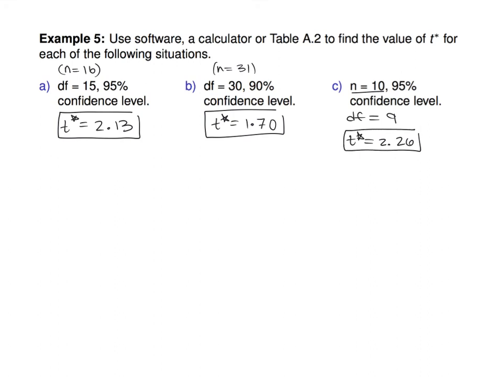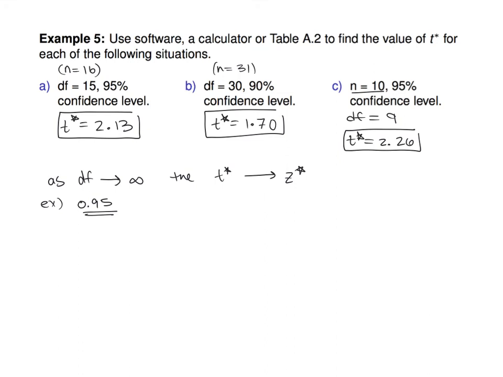And just a couple things to note. As degrees of freedom goes to infinity, or as degrees of freedom is increasing, the t-star value goes to your z-star value. For example, looking at the 0.95 column, as your degrees of freedom increases, you go down the column, and notice that once you have n's bigger than, say, really 60, your t-star is getting close to 2, which is what the multiplier was for z-star.